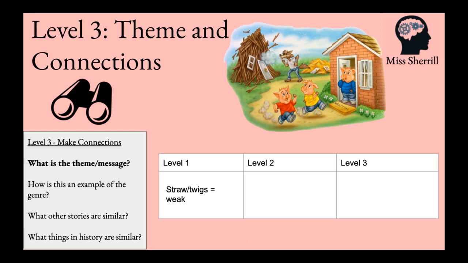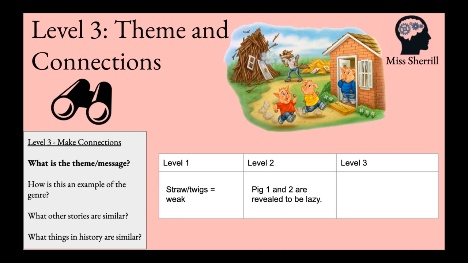Well, let's say we look at the straws and the twigs. Straw and twigs kind of makes us think of something weak, not strong. So if we take the description of the straw and the twigs as weak, we can apply that to both the pigs. Pig 1 and pig 2 are revealed to be lazy because they use the straw and the twigs, which is really quick to put up and easy because it's lightweight, but it's quick to fall down.